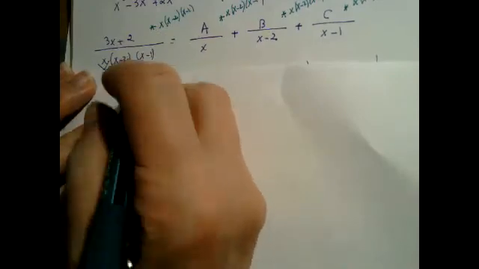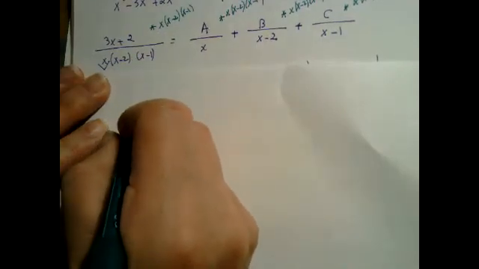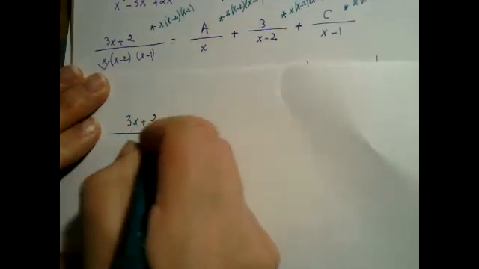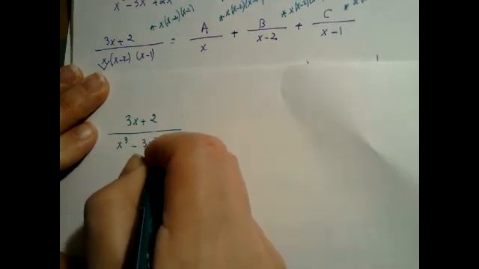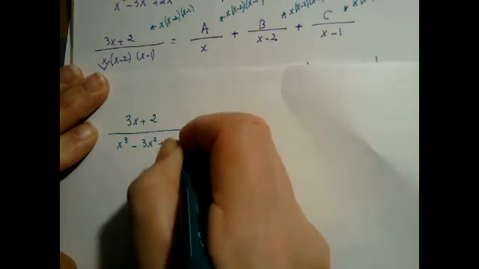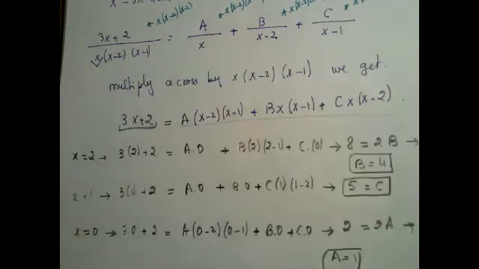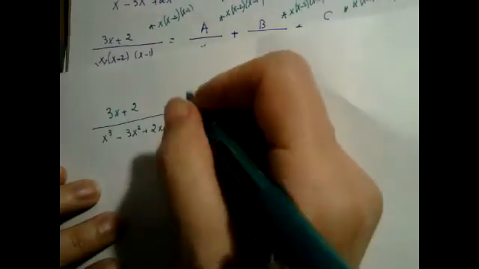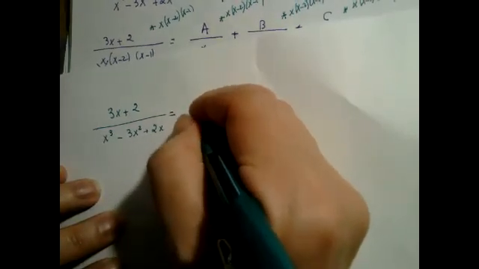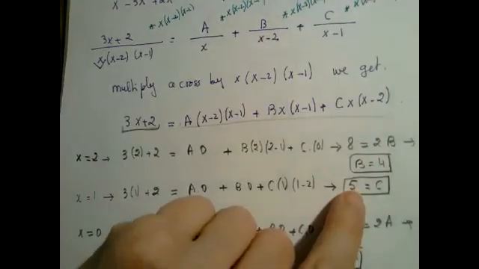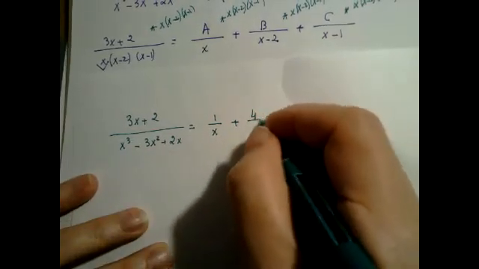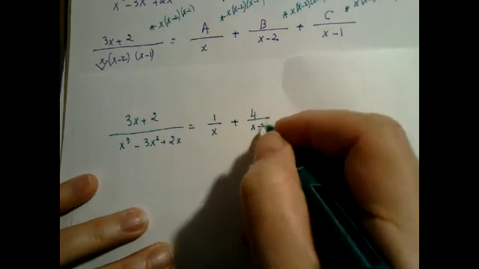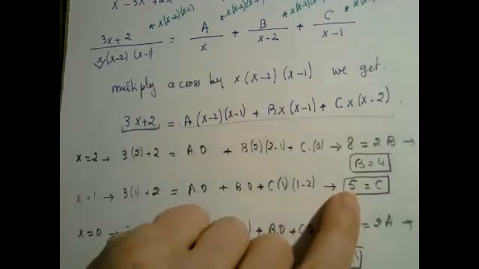So now this tells me that my original complicated nightmare expression, which is this one, can be decomposed into a, my a is 1, b, my b is 4, c, my c is 5.